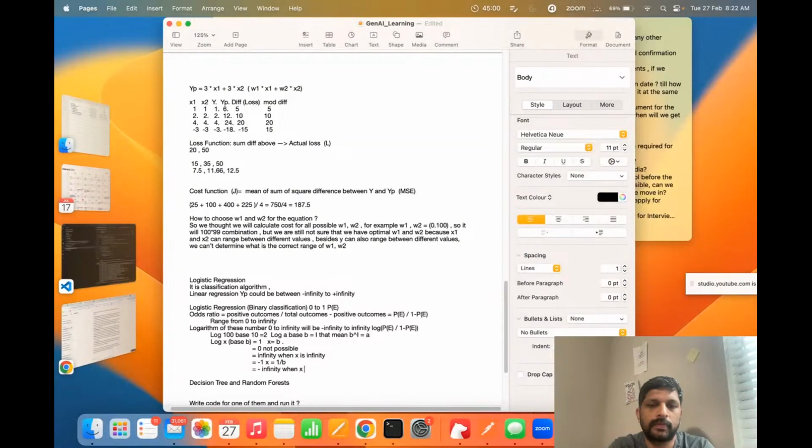Correct? x is infinity. That means b power infinity, that is x is infinity.